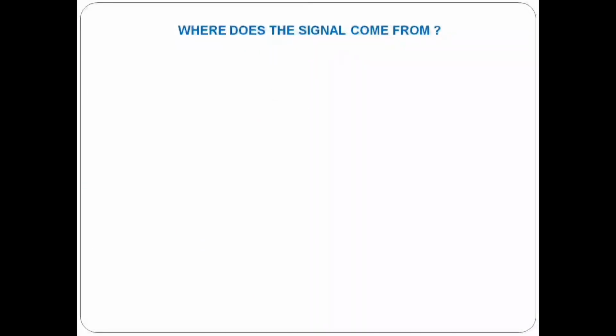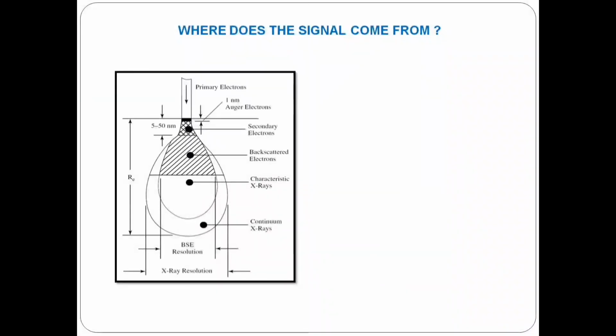So where does the signal come from? Here is a solid sample. When an electron beam falls on the solid surface, there is a small dark portion from where an electron gets ejected, and that electron is the Auger electron.